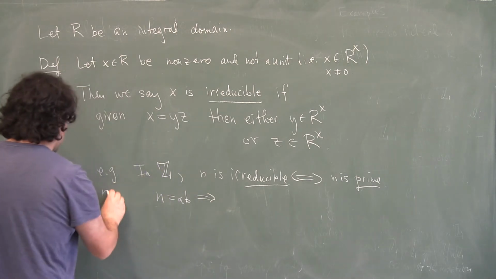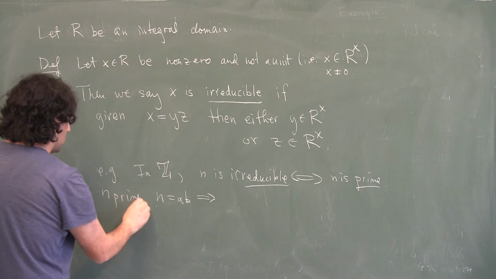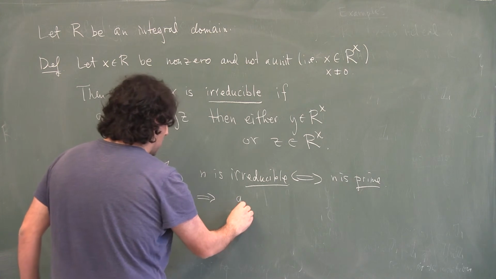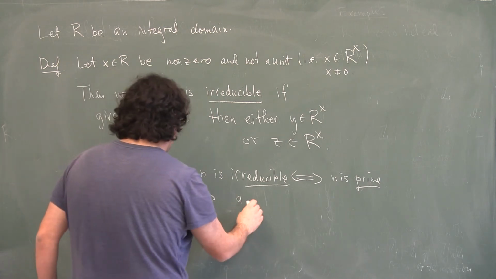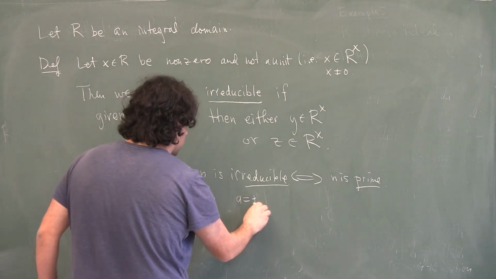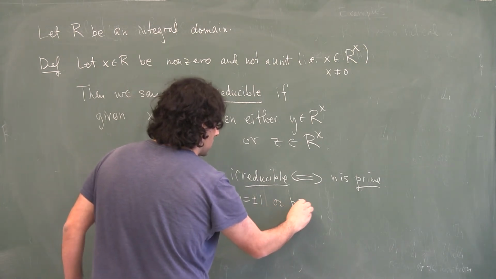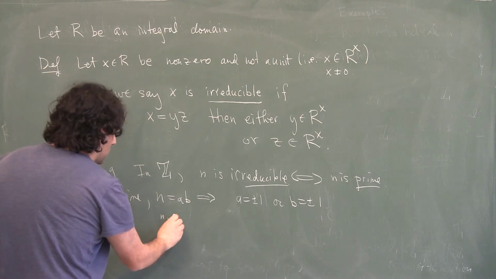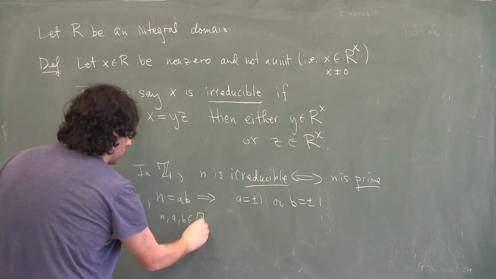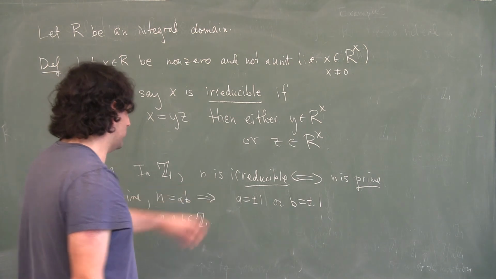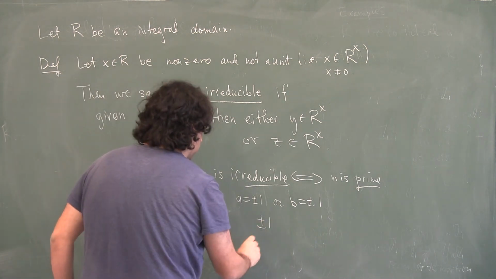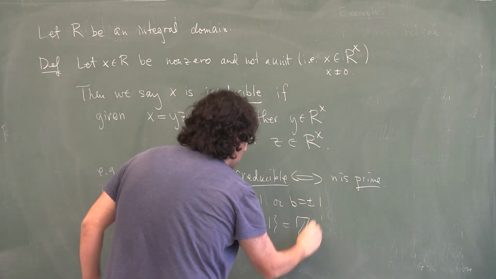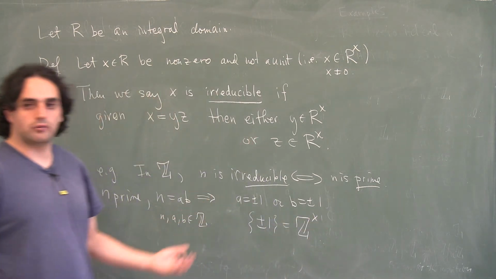So if n is prime and n is equal to ab, then I know that a is equal to plus or minus 1, or b is equal to plus or minus 1. Here I have n, a, and b, all three of them integers. And plus or minus 1 is exactly the group of units in the ring of integers.